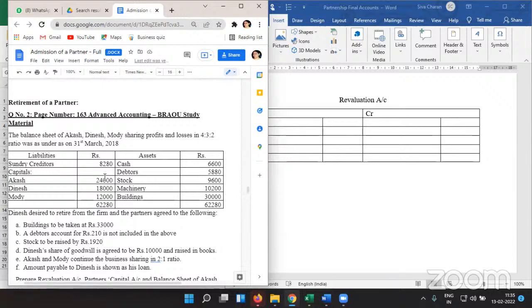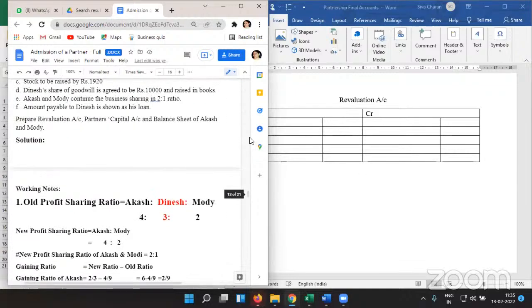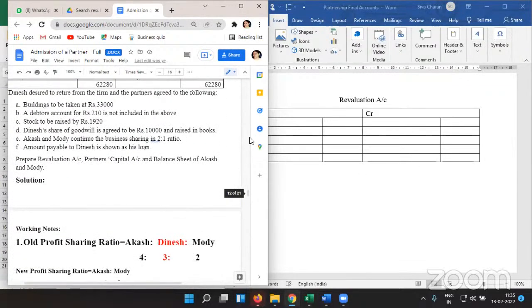Take page number 147, question 4. Page 147, question 4.